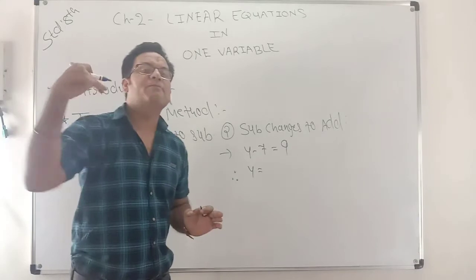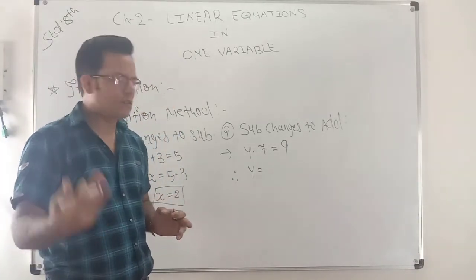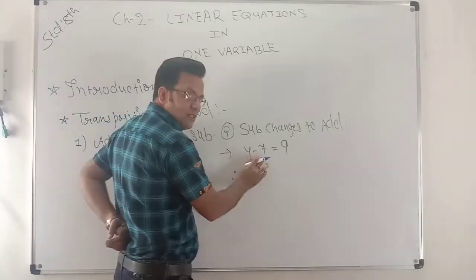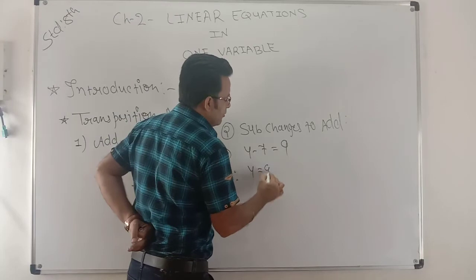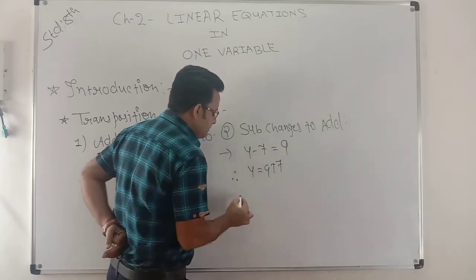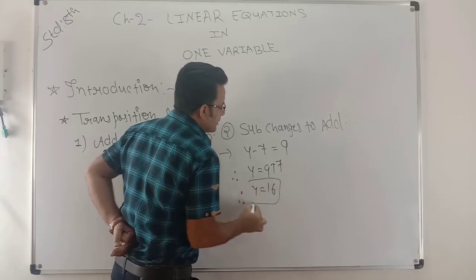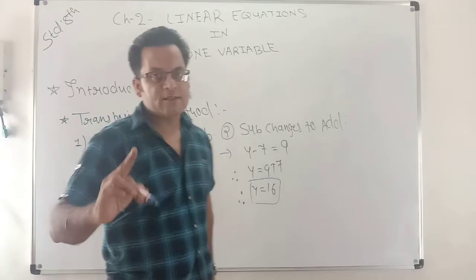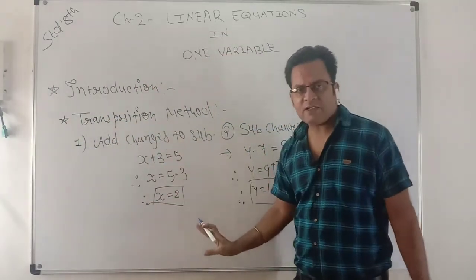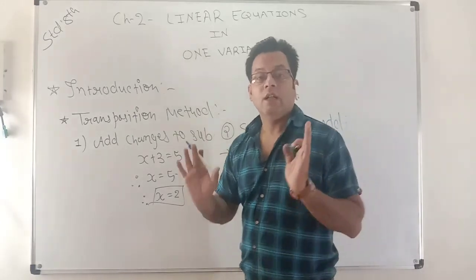You have to transpose the number, you have to shift the number to the other side. So here minus 7 is given, it will be moving to the right side, and the sign will be changed. So 9 plus 7. Therefore y is equal to 16. Okay, so addition changes to subtraction and subtraction changes to addition.